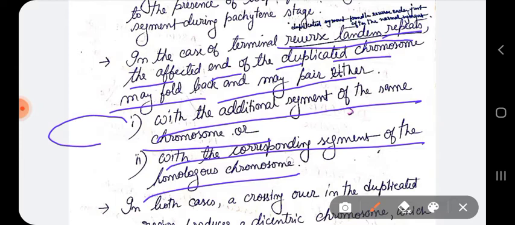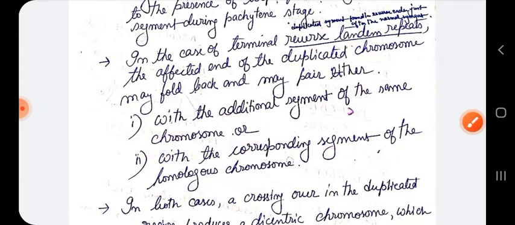So two things may occur: either that additional extra segment will fold back and pair with the same chromosome segment, or it may fold back and pair with the corresponding segment of the homologous chromosome.